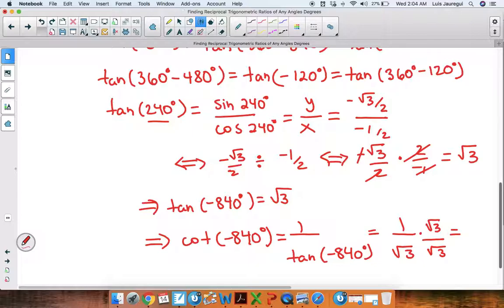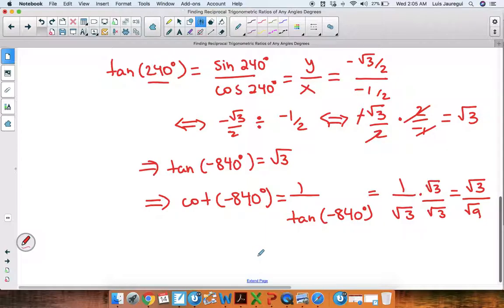So that gives us 1 times square root of 3, which is square root of 3, over the square root of 3 times 3, which is square root of 9. So one can conclude that cotangent of negative 840 degrees is equal to the square root of 3 over square root of 9, which happens to be 3.